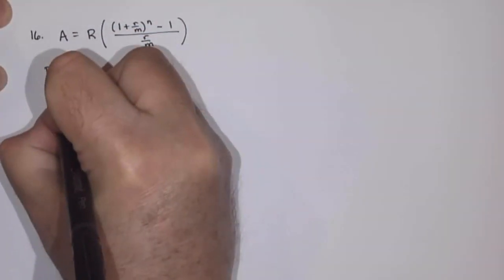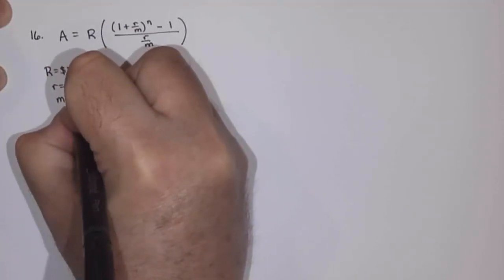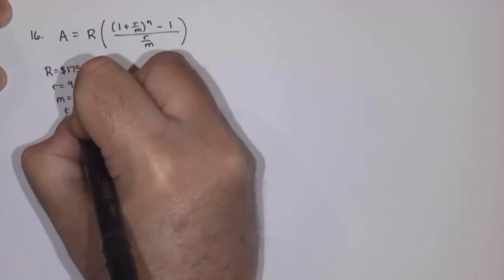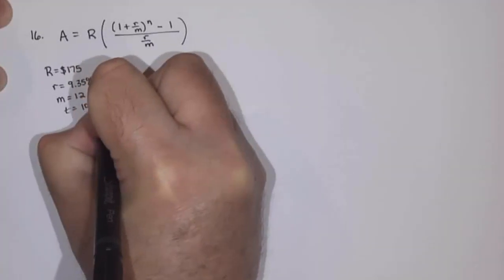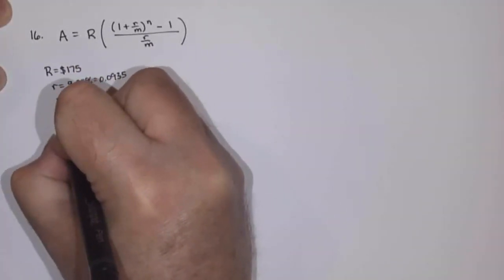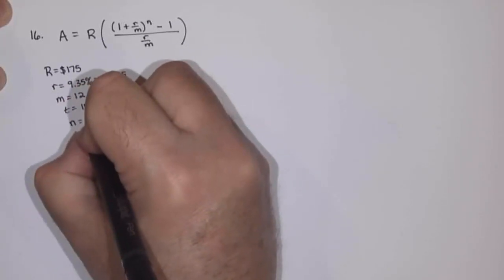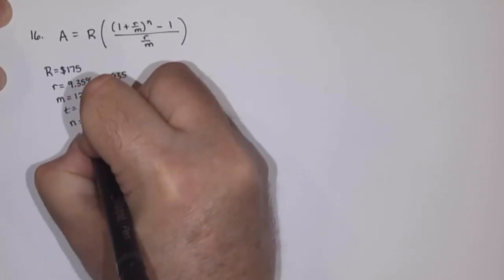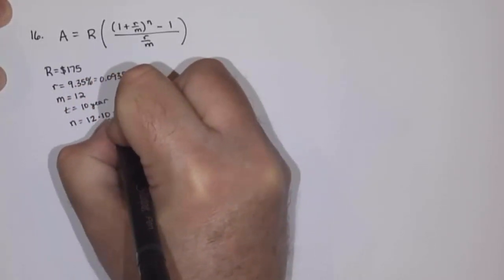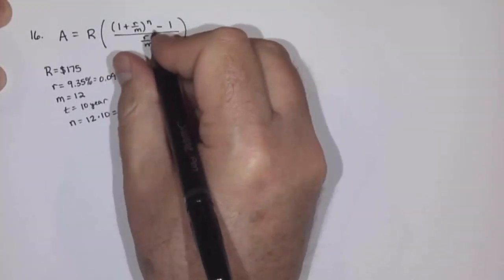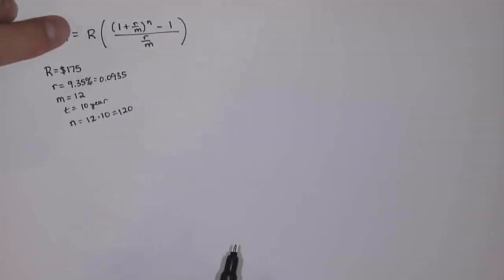He's making monthly payments, so M equals 12, and he's going to do that for 10 years. And so that means the number of times money's deposited, and the number of compound interest calculations and so on is going to be 12 times 10, which is 120. So N in our formula is going to equal 120.